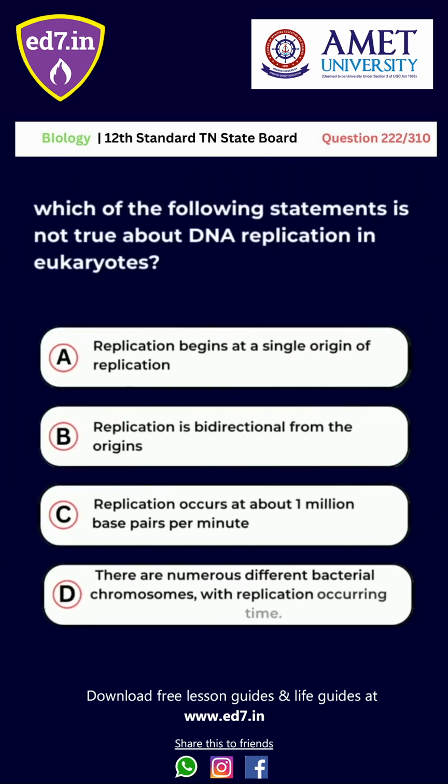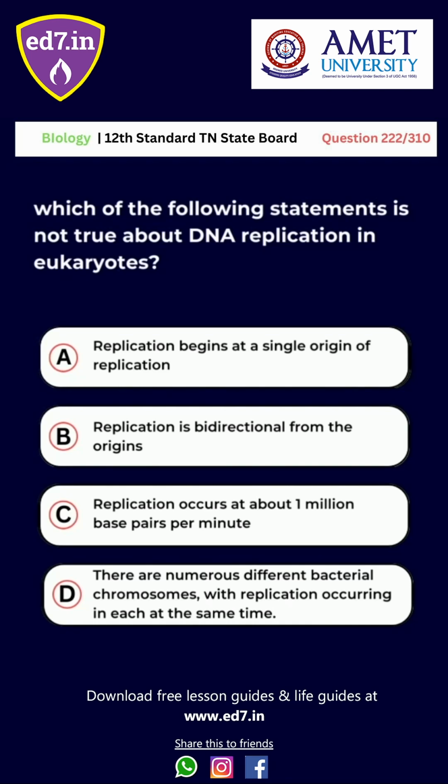Question number 222. Which of the following statements is not true about DNA replication in eukaryotes? Option A. Replication begins at single origin of replication. B. Replication is bidirectional from origins.